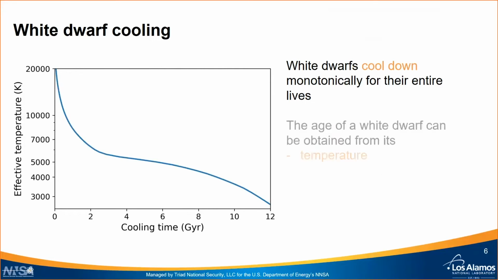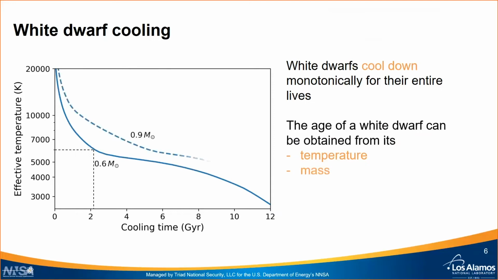The main one being that it enables astronomers to measure the ages of white dwarfs quite easily. The idea is that we can determine the surface temperature of a white dwarf from spectroscopic observations, and then using cooling models of white dwarfs, we can translate this temperature into an age.